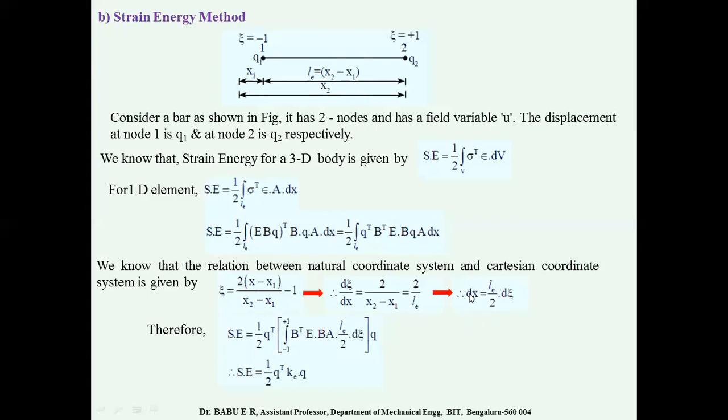Now you substitute this value of dx into this equation. Therefore, strain energy equals half times, I will remove Q transpose outside in the brackets. So when we use d zeta instead of dx, the value of zeta always lies between minus 1 to plus 1.